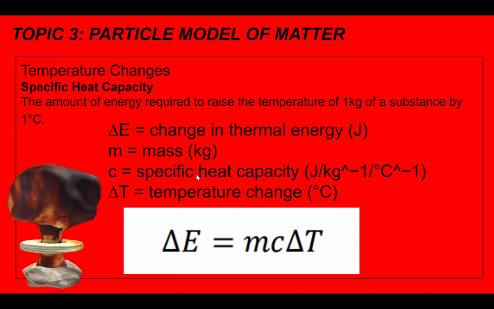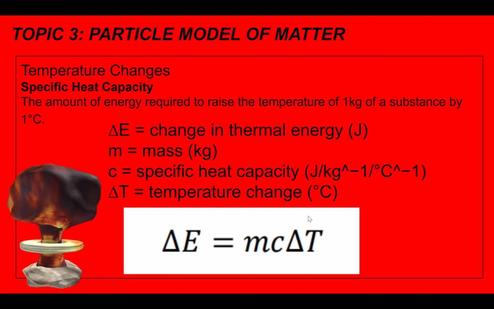So I think here is an easier formula for you guys. Triangle E, the change in thermal energy, which is measured in joules, equals the mass in kilograms times the specific heat capacity, C, in joules per kilogram per degree Celsius, joules per kilogram to the power of -1 per degree Celsius to the power of -1, and then times the temperature change.